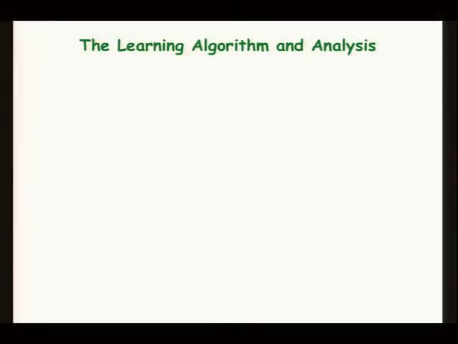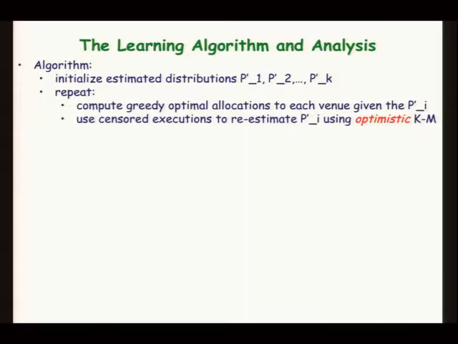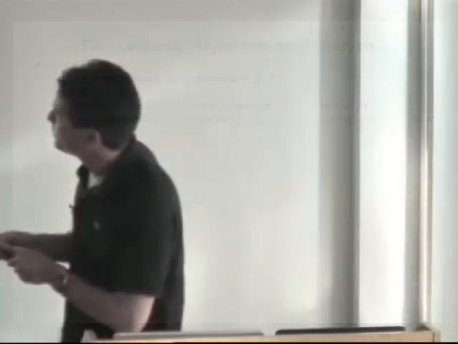Now I'll talk about how you pull this all together. The algorithm is more or less as I've described, but I'll give a little pseudocode here. You first initialize these estimated distributions P1 through Pk. Notice that in order to make any kind of finite time or polynomial time statement here, I need there to be some maximum number of shares that could ever be available in any venue.